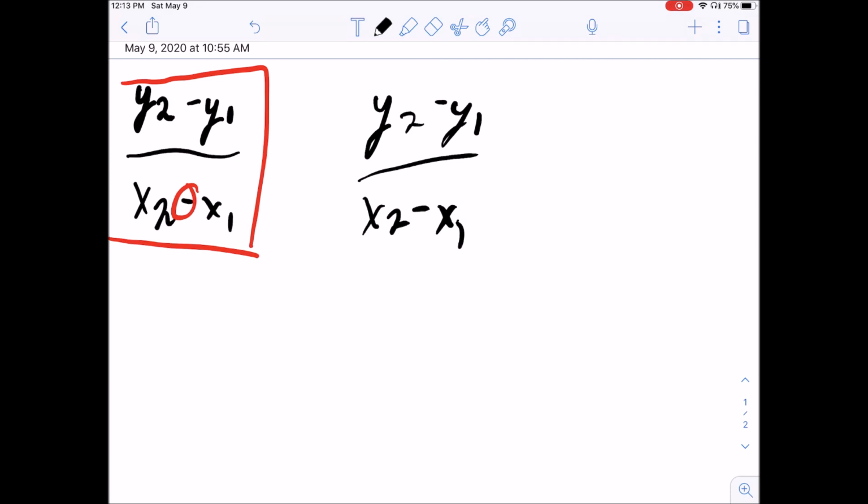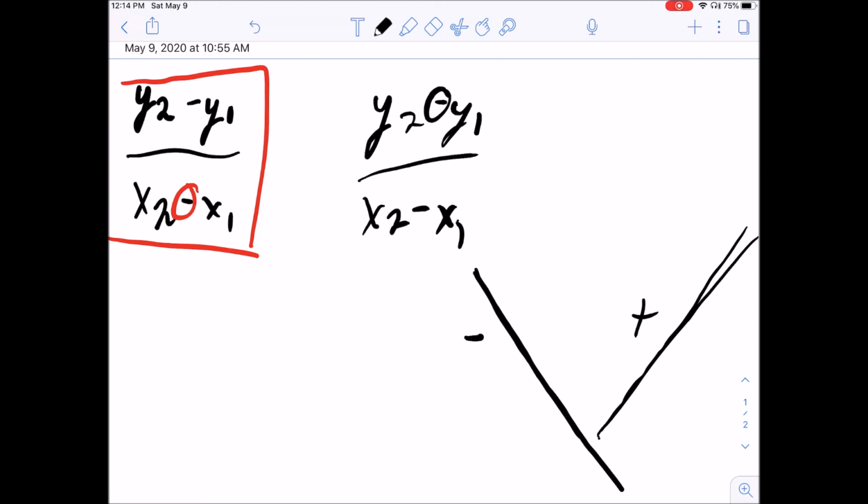But also these signs here, they do change depending on the coordinate. Also, graphing slope, if it's a negative slope, it will always go this way. If it's a positive slope, it will always go this way. So yeah, the way to remember this is that it inclines when it's positive and it declines when it's negative.